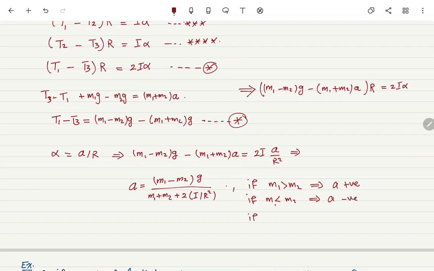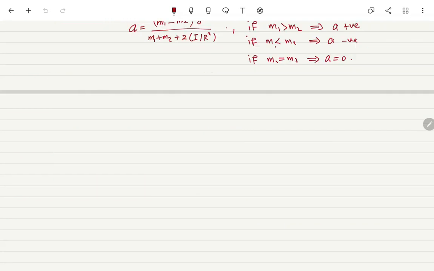And if M1 equals M2, it means acceleration equals 0. Now to find the tensions T1 and T3, you just substitute acceleration back in the above equations.